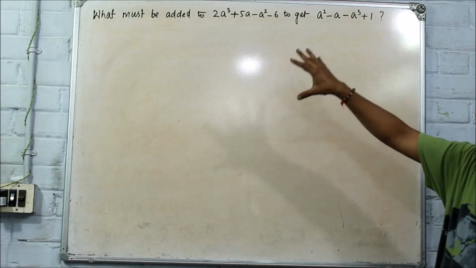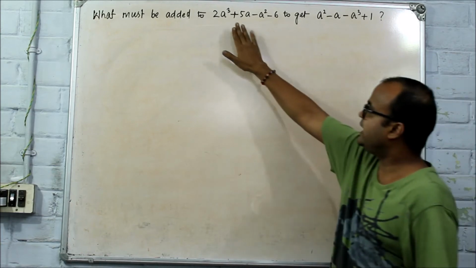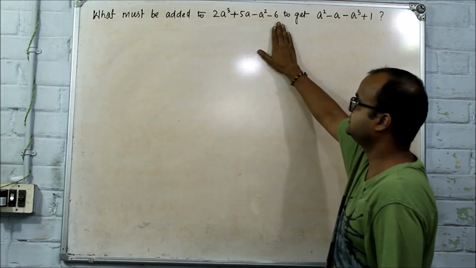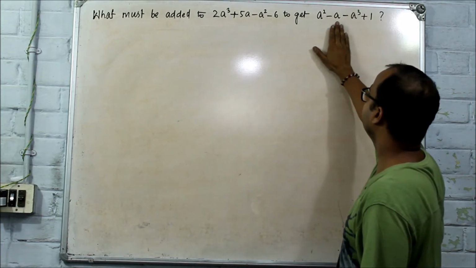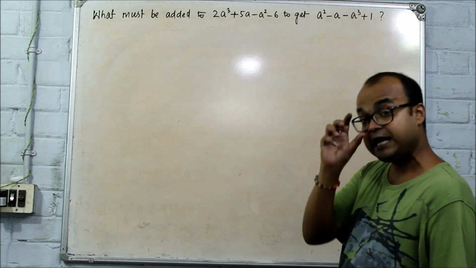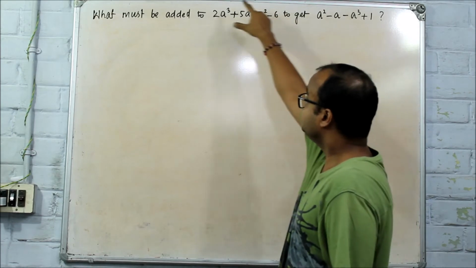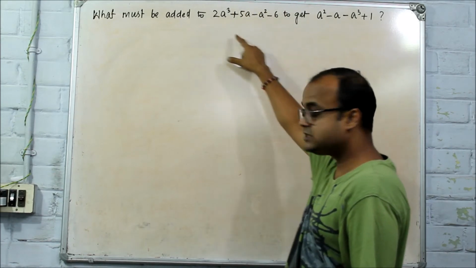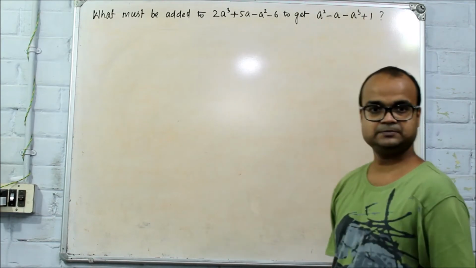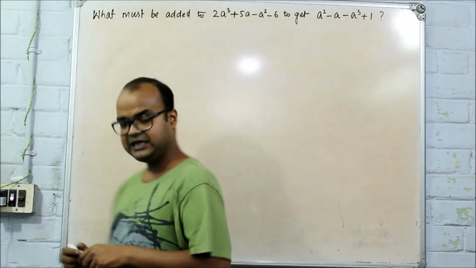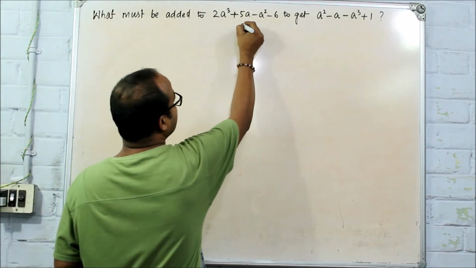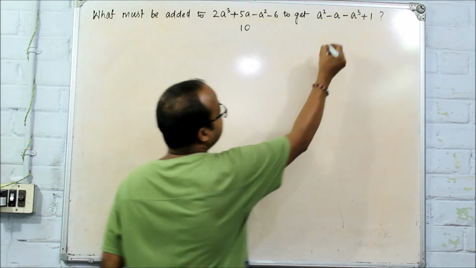What must be added to 2a cube plus 5a minus a square minus 6 to get a square minus a cube plus 1? That means you are adding a certain expression to this expression to get this result. So if I ask, what must be added to 10 to get 15?